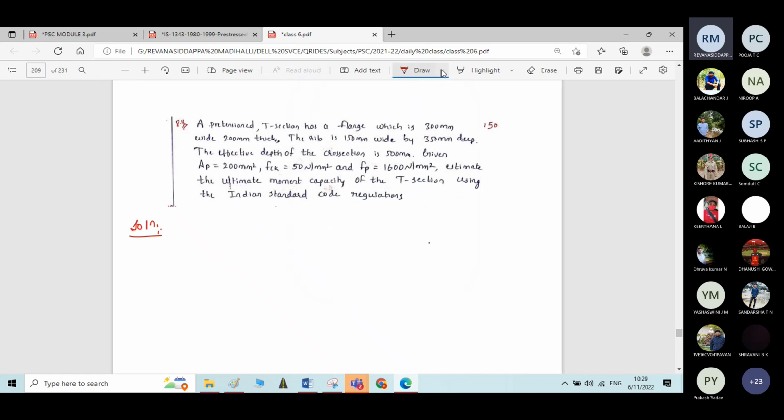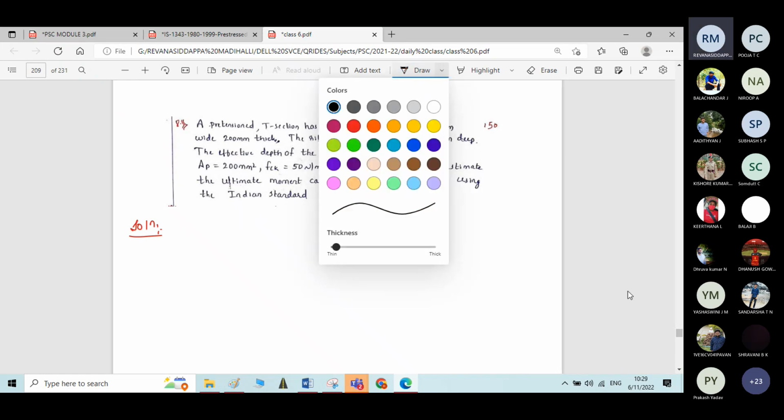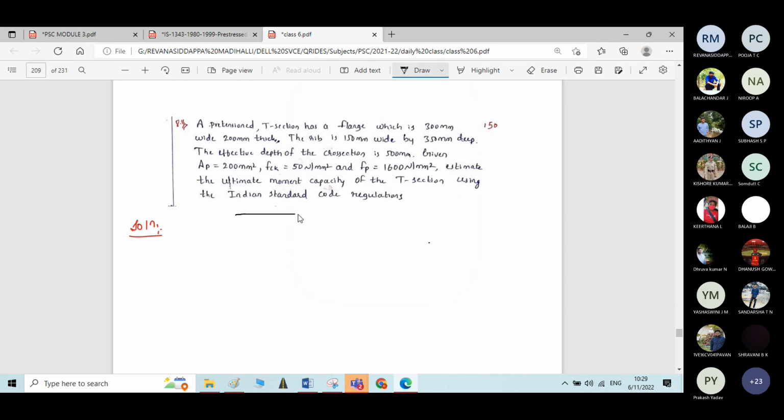T section. Let me read the diagram of a T section. 300 mm wide, width of flange, and thickness of flange Df is equal to 200 mm thick.